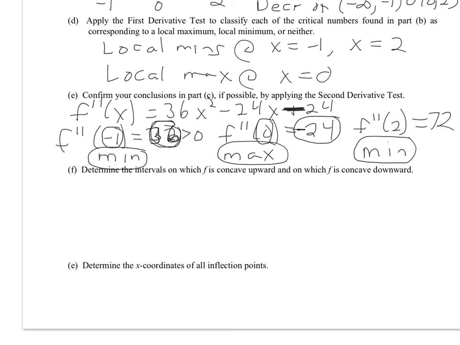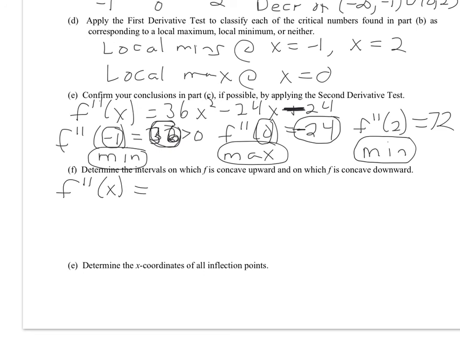Okay, part F. Where is f concave upward and where is f concave downward? So the intervals on which f is concave upward and concave downward. To answer this question, we would like to be able to factor the second derivative completely.